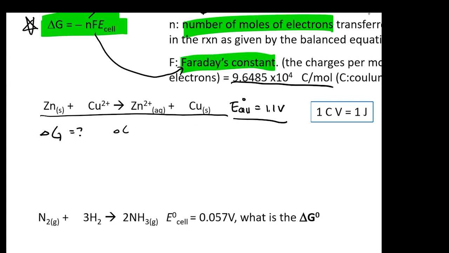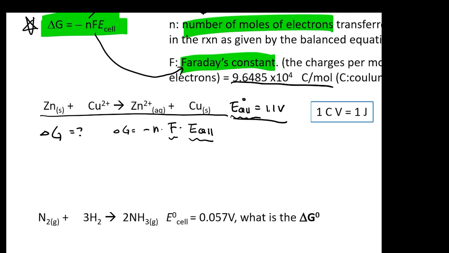So delta G is equal to negative n times F times your E cell. Since I know my E cell is 1.1, and Faraday is a constant, if I can figure out the number of electrons transferred in this balanced equation, then I can calculate my delta G.